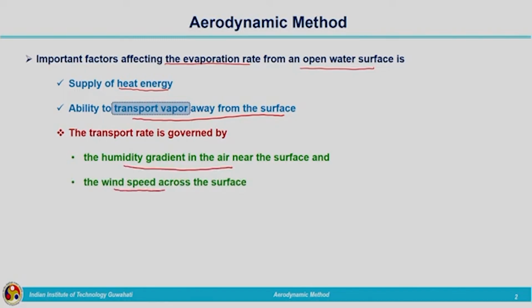Humidity gradient means we have a certain vapor pressure corresponding to the given temperature, and there is a maximum capacity for the air to hold water vapor. At that point the vapor pressure will be the saturation vapor pressure.